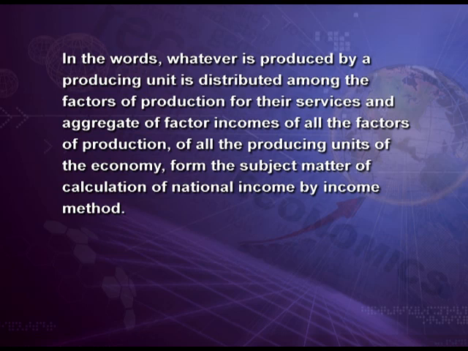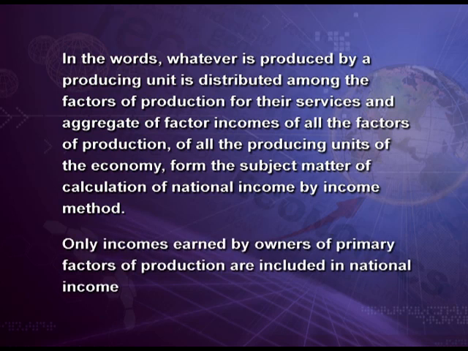In other words, whatever is produced by a producing unit is distributed among the factors of production for their services, and aggregates of factor incomes of all the factors of production of all the producing units of the economy form the subject matter of calculation of national income.